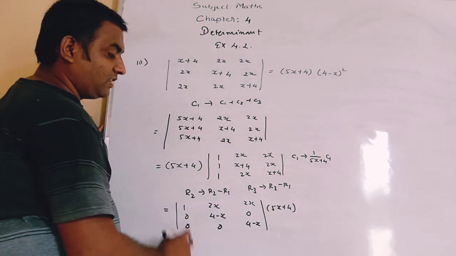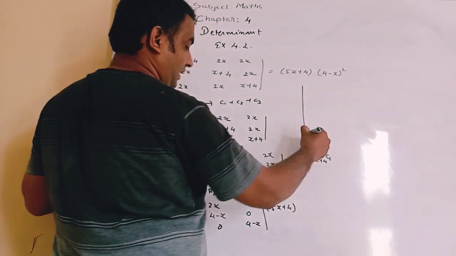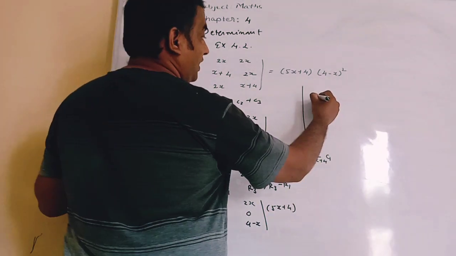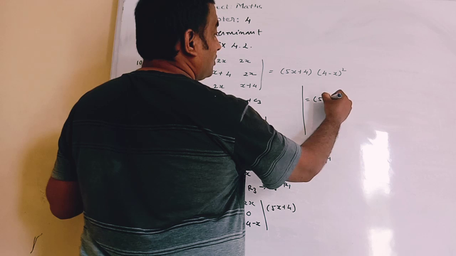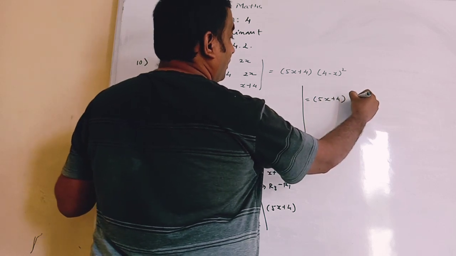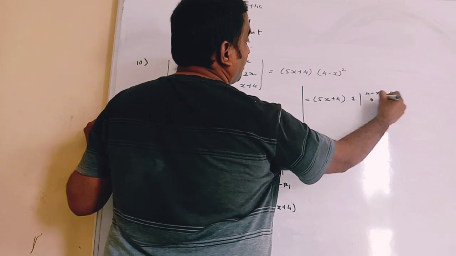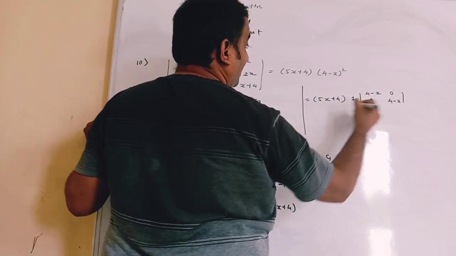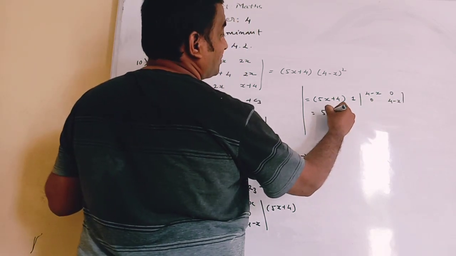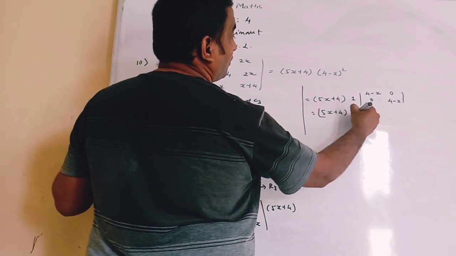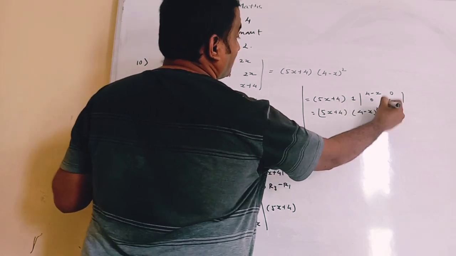So we expand with this one and we get 5x plus 4 into 1 into 4 minus x, 0, 0, 4 minus x, other elements are 0, so it is 5x plus 4 into 4 minus x whole square.